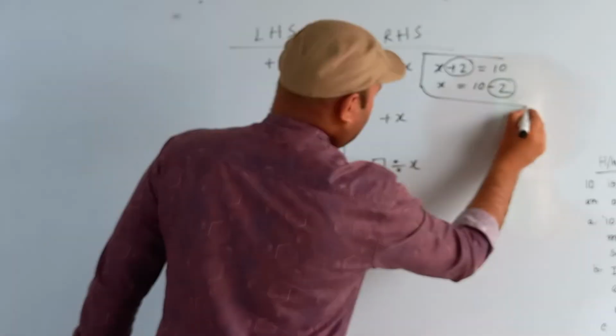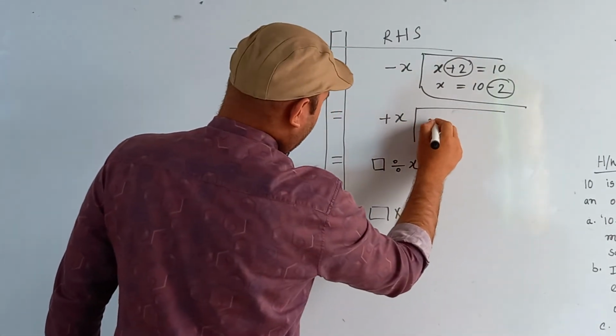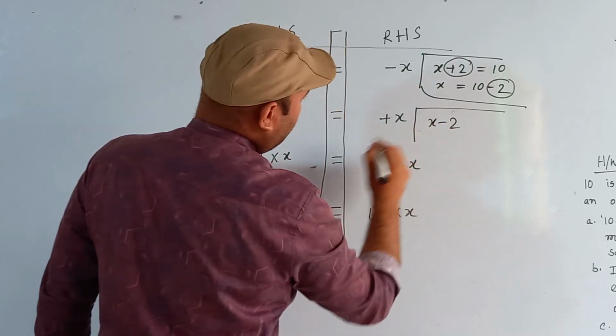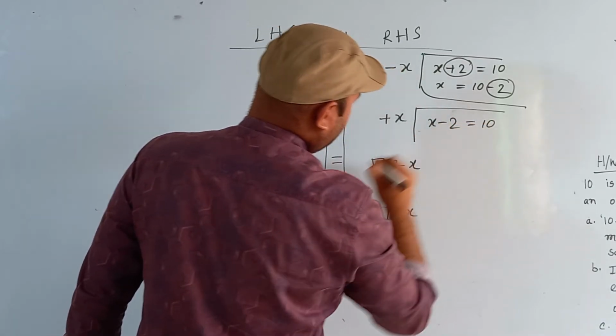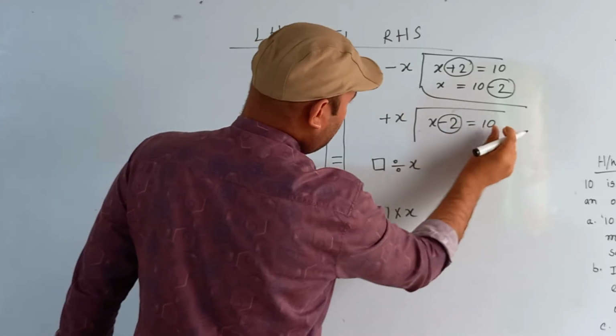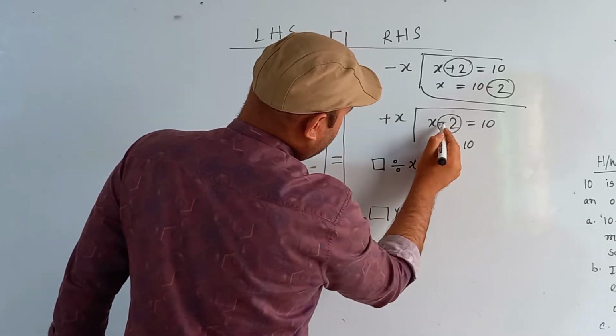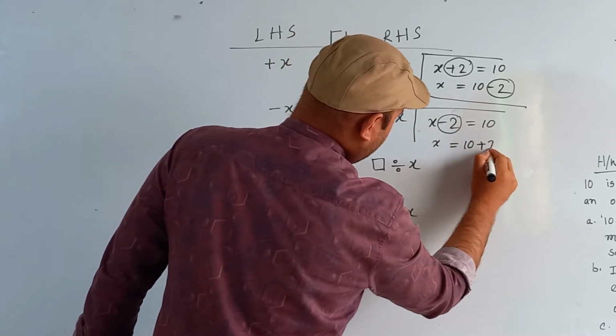Okay, now look at the example of this one. If I write x minus 2 equal to 10, I want to transfer this to the right hand side, that means x equal to 10, here is a minus sign, it will be plus 2.